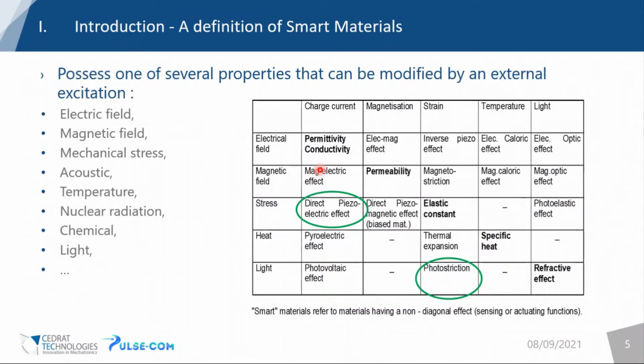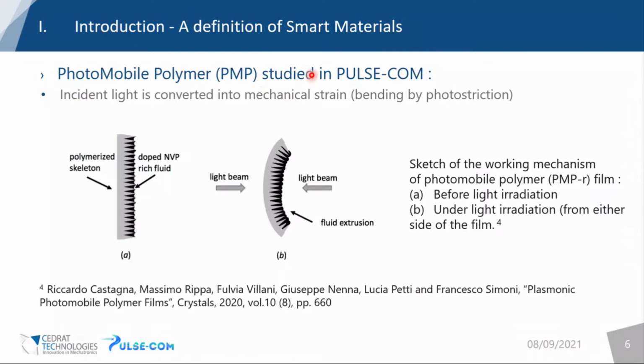As I was mentioning, in the PulseCom project we have the PMP. You had a lot of information about it during this short school. But if you want more information, you can see this publication that is available on the PulseCom project. For these materials, the incident light is converted into mechanical strain.